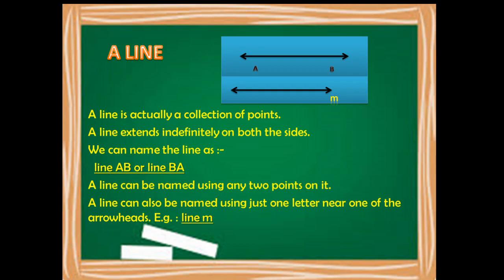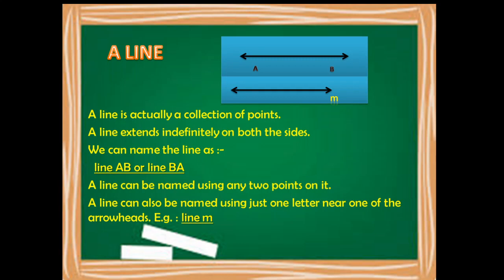We can name the line as line AB or line BA. A line can be named using any 2 points on it. So here I have 2 points, A and B. A line can also be named using just one letter near one of the arrowheads. See my second figure? I have a line here, but the name is written on one of the arrowheads.